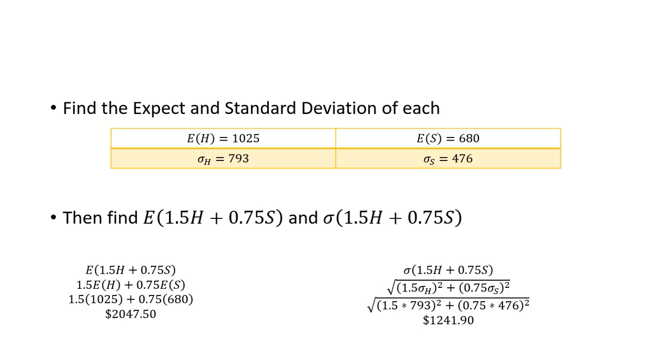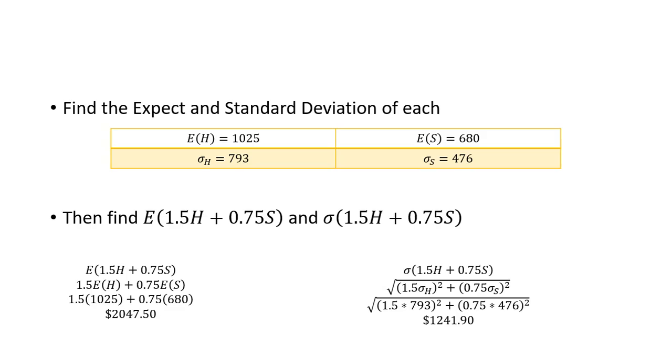So it's the square root of sigma squared plus sigma squared. But since these are both being manipulated by multiplication, increased or decreased based on a multiplication, 1.5 or 0.75, we have to multiply each one of those standard deviations. So we'd go 793 times 1.5, then square it, and 0.75 times 476, and then square it.